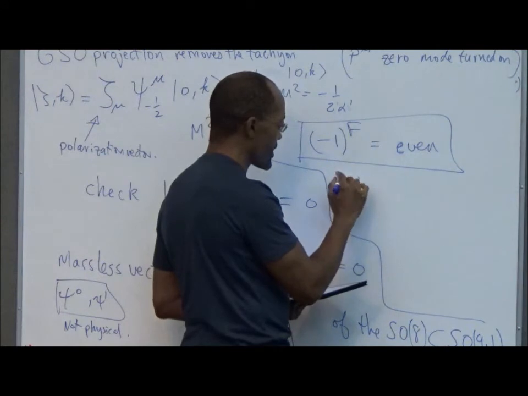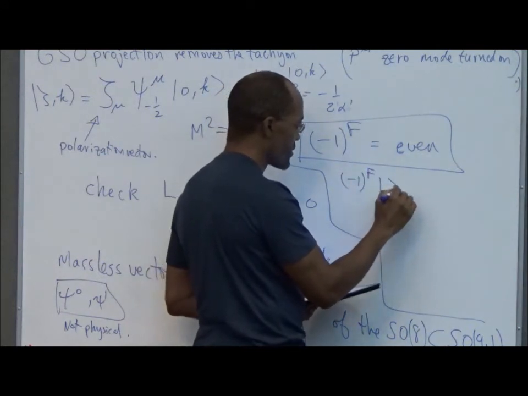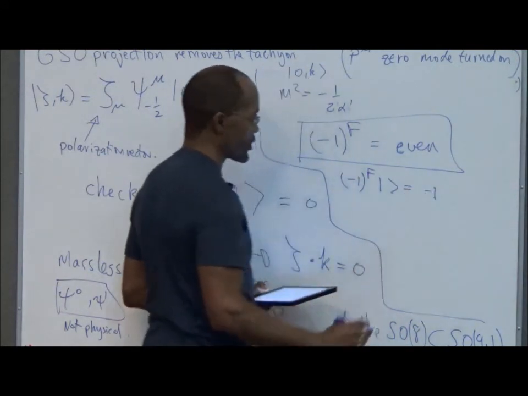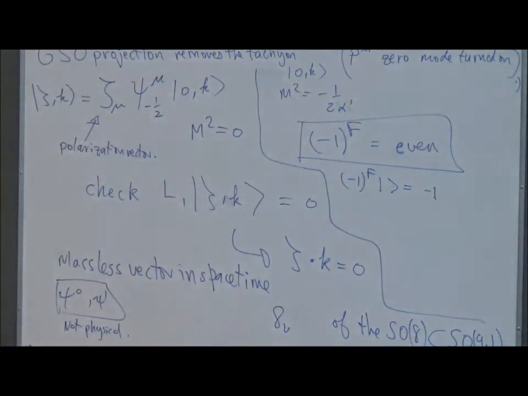In this convention, then, the vacuum actually has fermion number minus 1. Okay. So I just need to say that because I need to make the equivalent choice when I come to the Ramond sector as well.